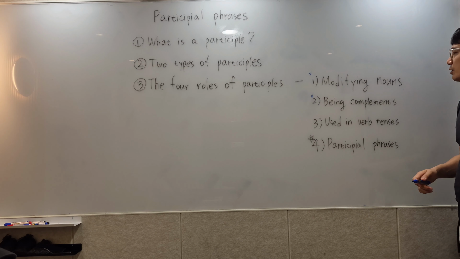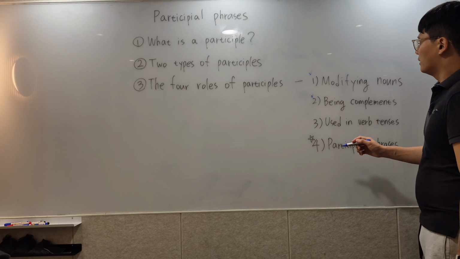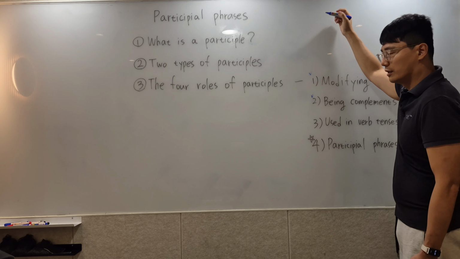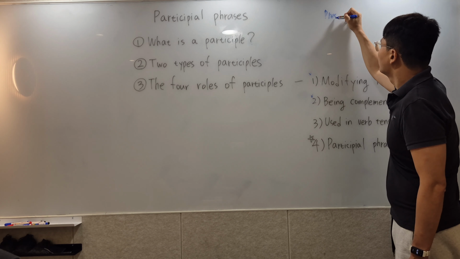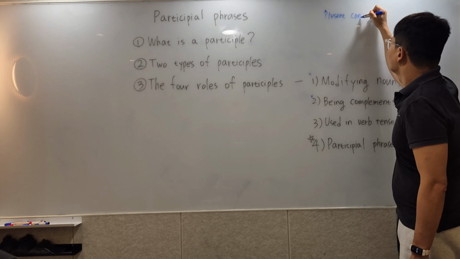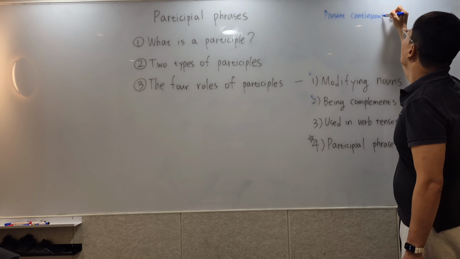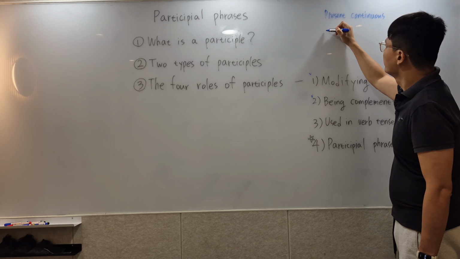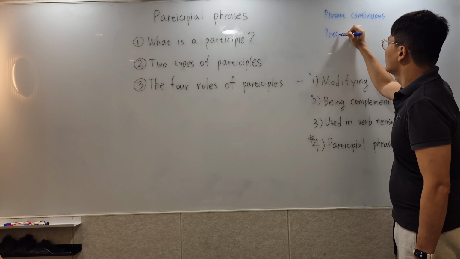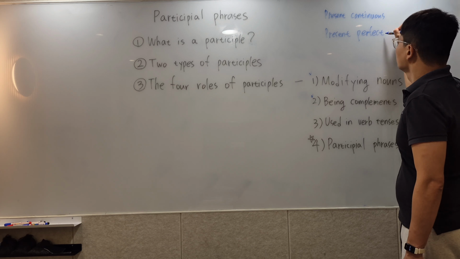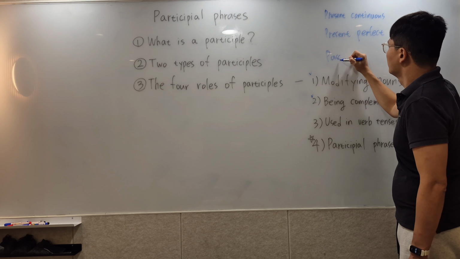Number three, used in verb tenses. Think of this like the present continuous. Okay, let's write it here: present continuous, present perfect, and passive voices.